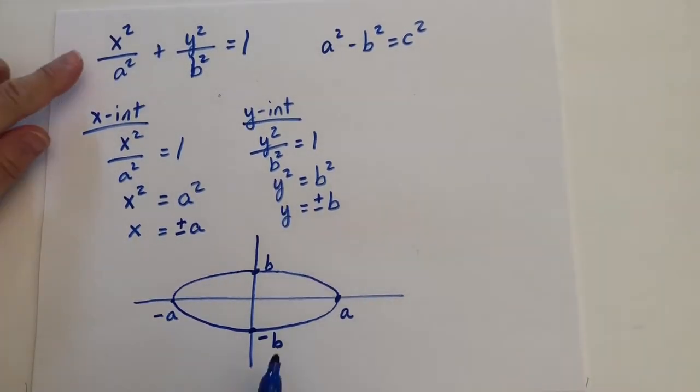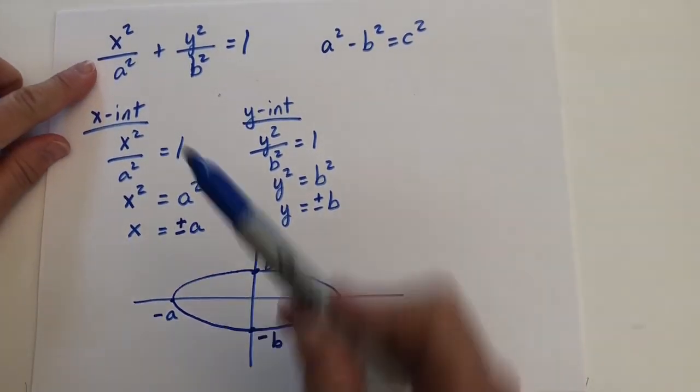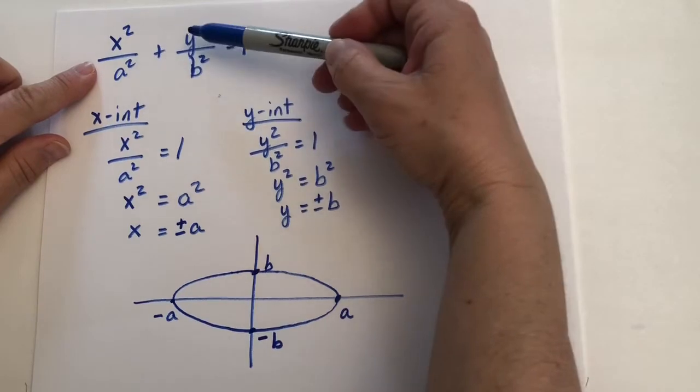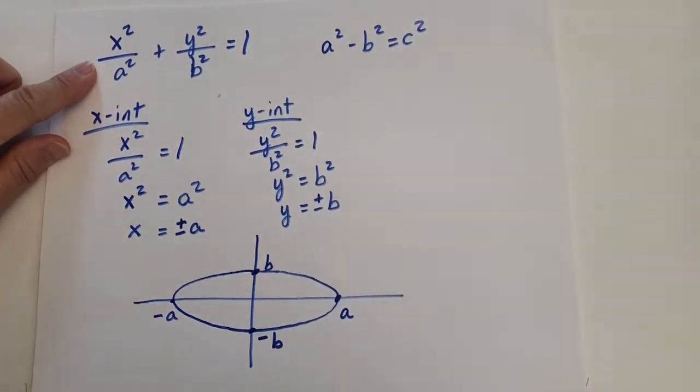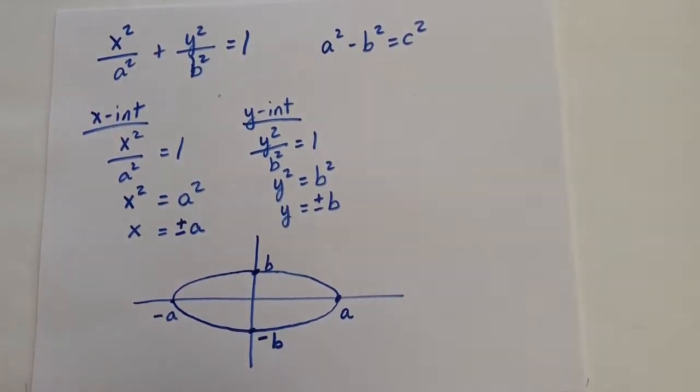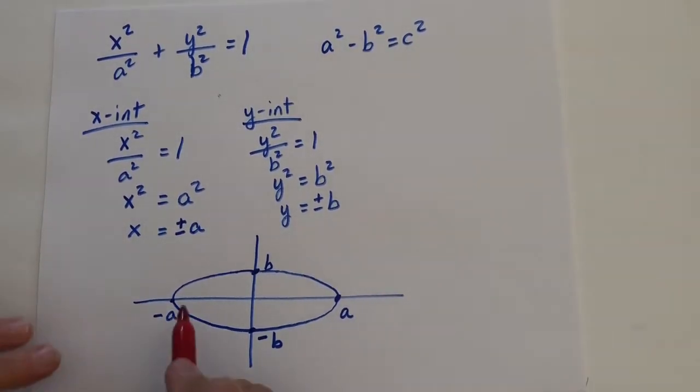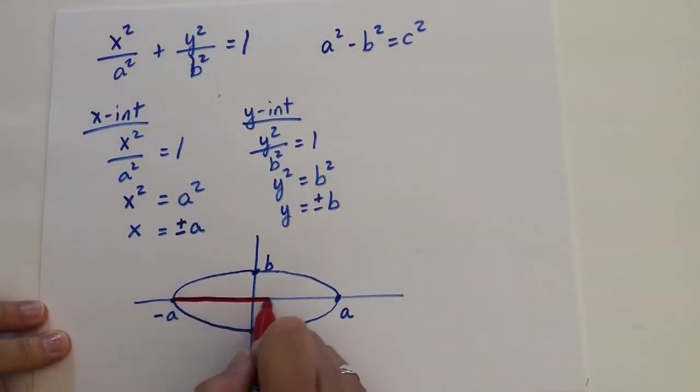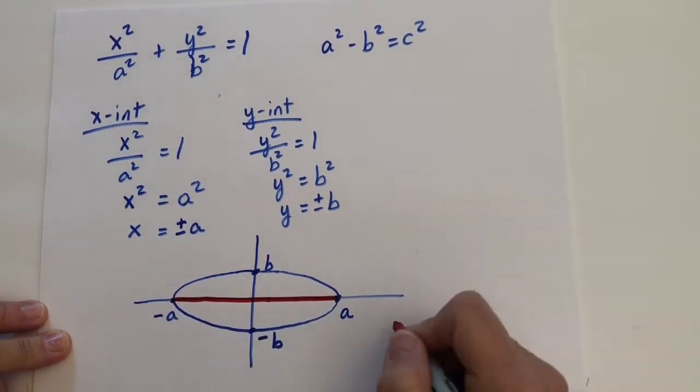So here's the way the graph looks for x squared over a squared plus y squared over b squared equals 1. And let me mention again, this axis right here is called the major axis.